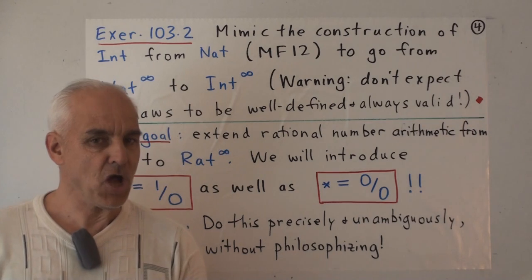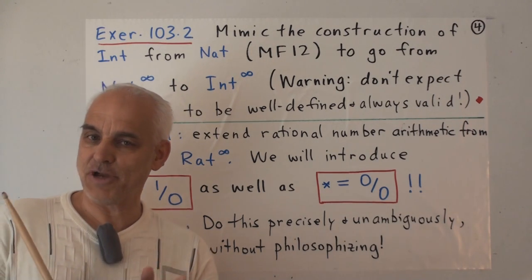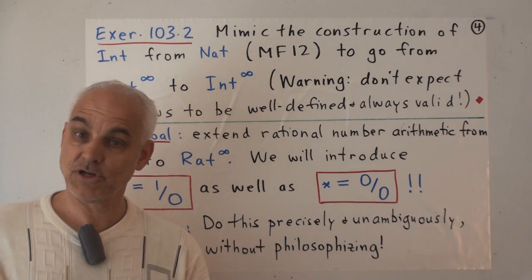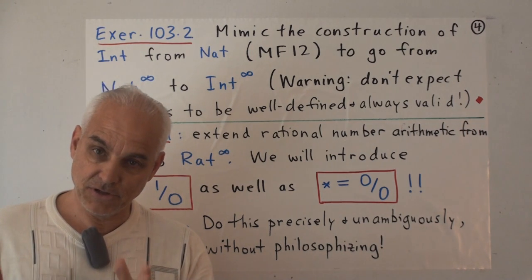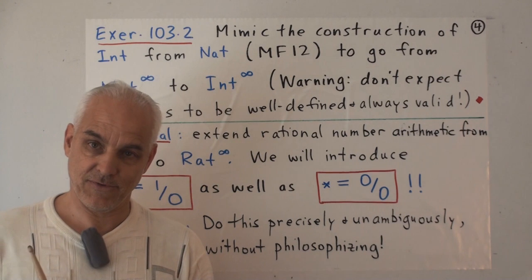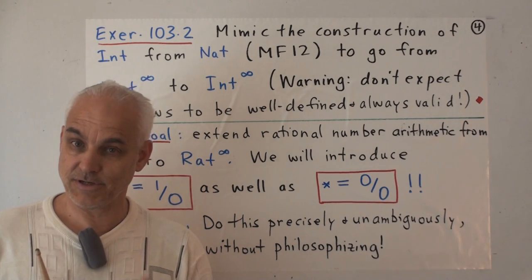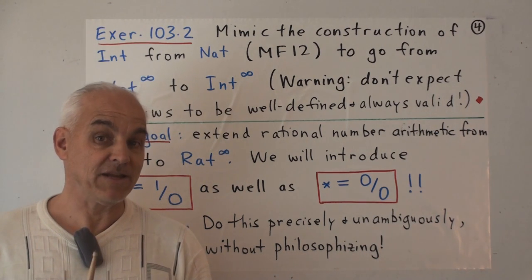And I remind you, this is not so much different from what we did when we went from natural numbers to integers. We introduced negative numbers, which historically were very problematic. But we were able to introduce them very systematically just based on natural numbers, including this new notion of 0, which was a bit of a stumbling block for many civilizations.